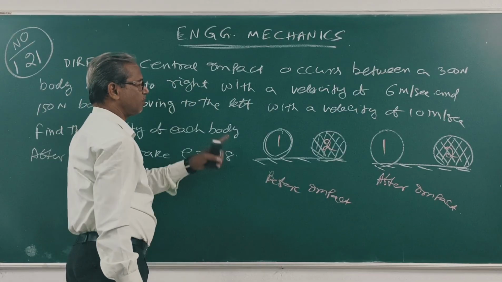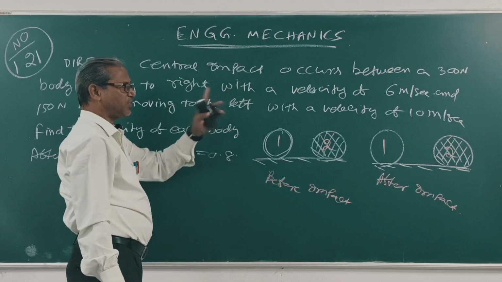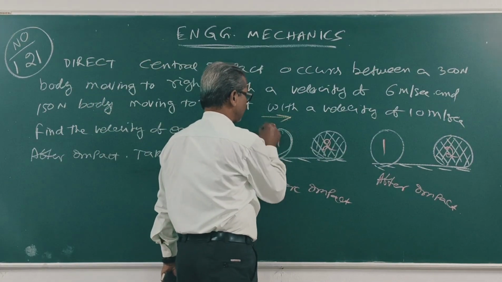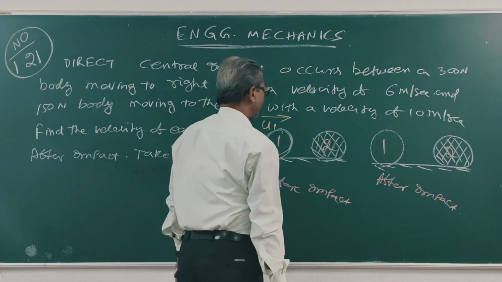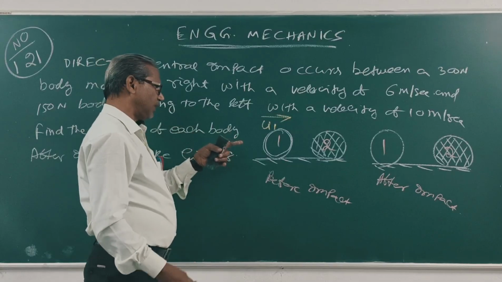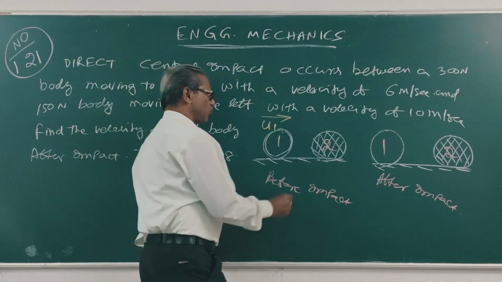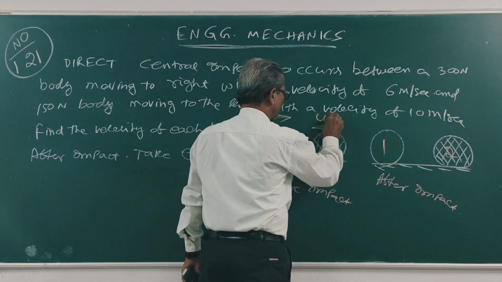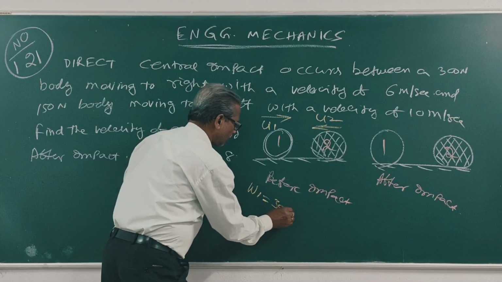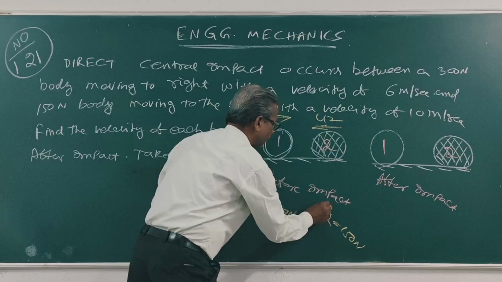The question is: direct central impact occurs between a 300 Newton body moving to right with a velocity of 6 meter per second. This is U1. And a 150 Newton body moving to left with a velocity of 10 meter per second. This is U2. Clear? So W1 is equal to 300 Newton, W2 is equal to 150 Newton.